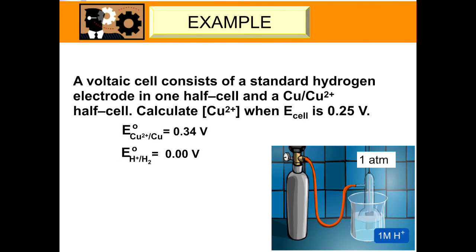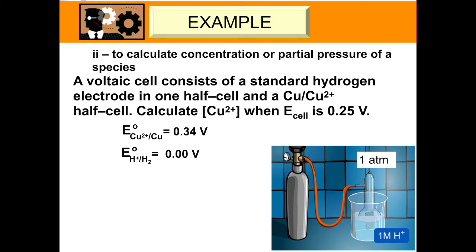Next, using Nernst equation to calculate concentration or partial pressure of a species. Example, a voltaic cell consists of a standard hydrogen electrode in one half cell and a Cu/Cu2+ half cell.